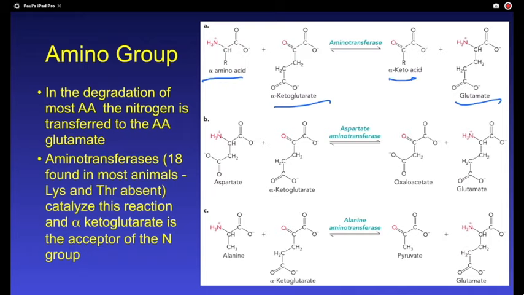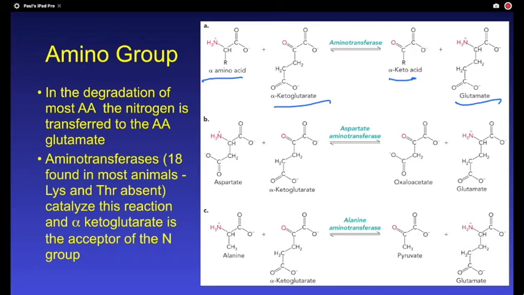And there are 18 of these. In animals, there are 2 of the amino acids that are not seen. There's not an aminotransferase for lysine and threonine. There's other ways that we extract those amines. But most of them will have their own aminotransferase and give initially the amine to glutamate.